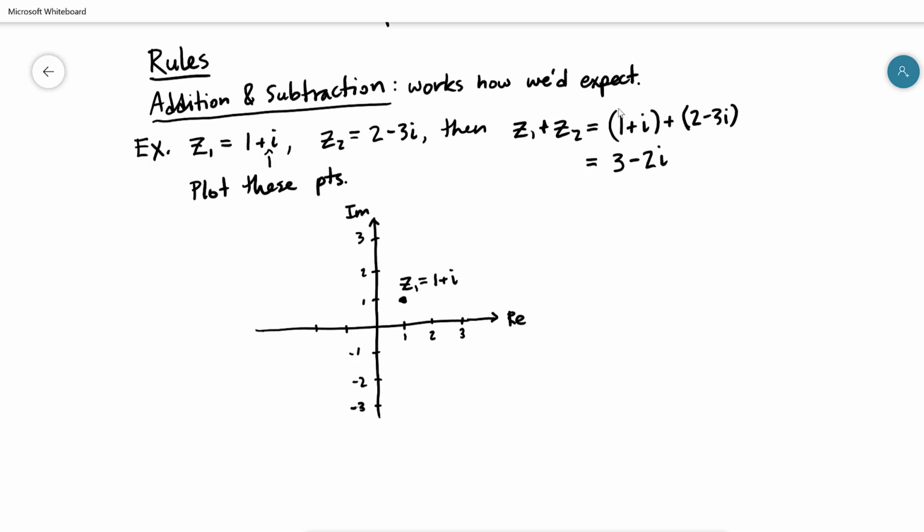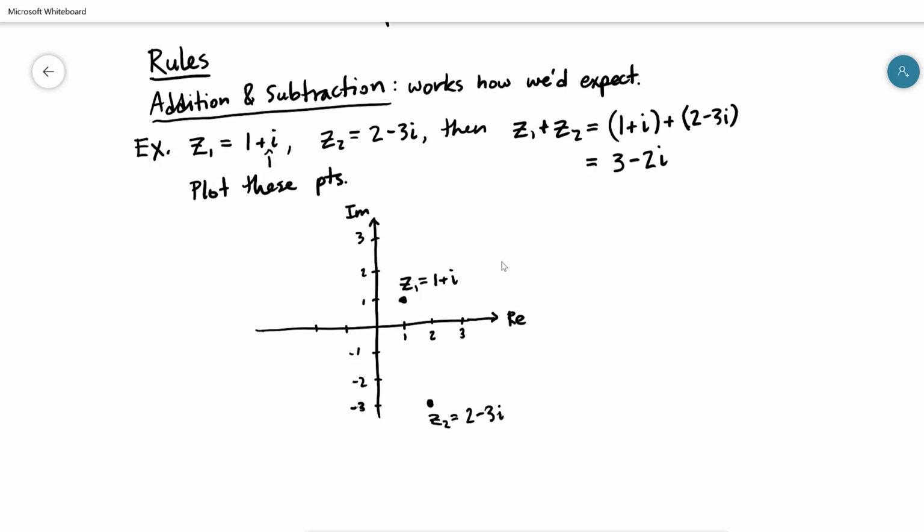For the second point, z2, we would do that similarly. I go 2 in the real direction and then negative 3 in the imaginary direction. So here's 2 in the real direction and then 3 down in the imaginary direction. That would put me at the point right about here-ish. So 2 over, 3 down. There is z2, which is equal to 2 minus 3i.